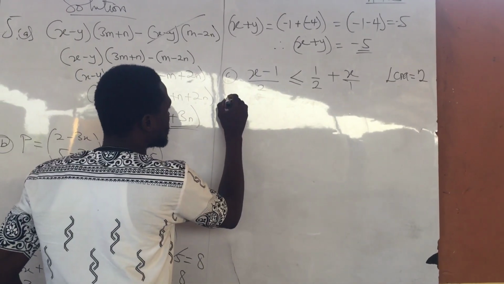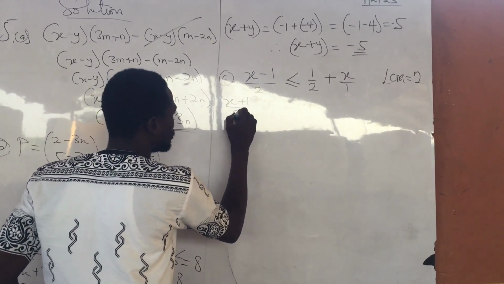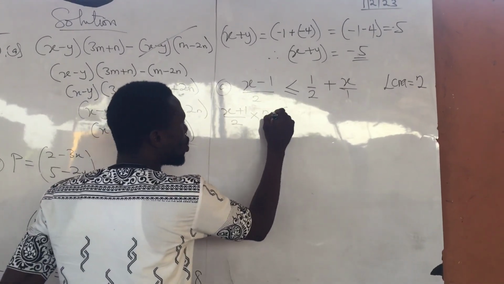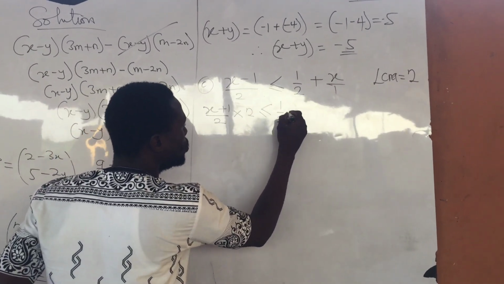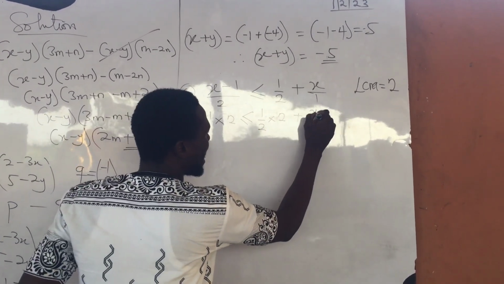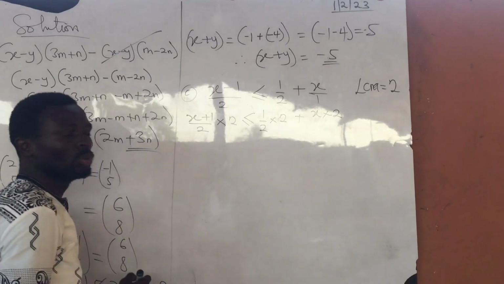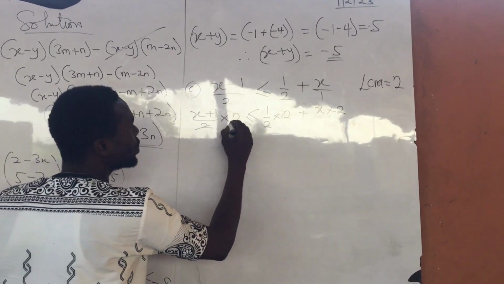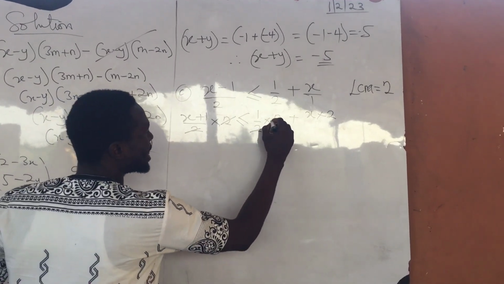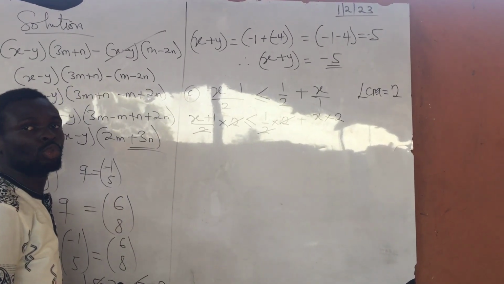We have x minus 1 over 2 times the LCM, 2, less or equal to 1 over 2 times the LCM, 2, plus x times the LCM, 2. So these 2 will cancel out these 2. Then these 2 will also cancel out this 2.